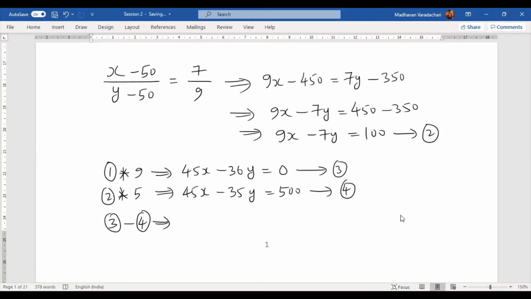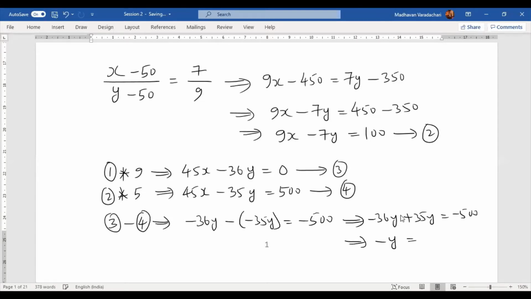What do we get? 45x gets cancelled. Minus 36y minus of minus 35y is equal to 0 minus 500. It becomes minus 500. Or minus 36y plus 35y is equal to minus 500. Or minus y equal to minus 500 means y is 500.